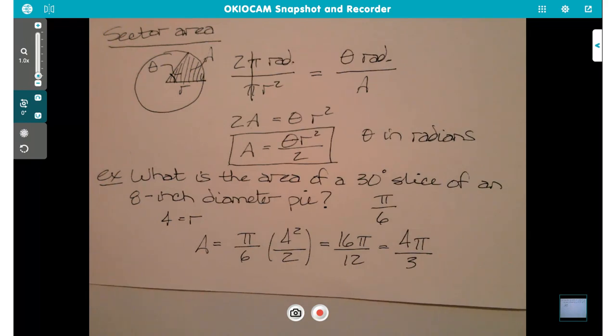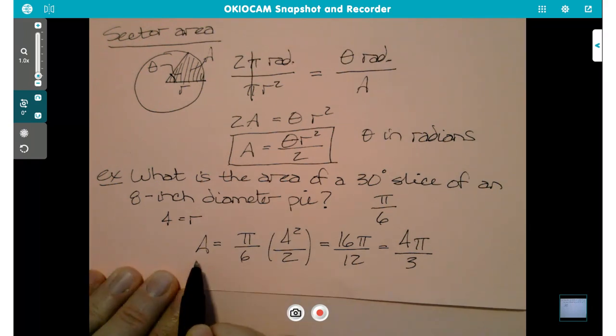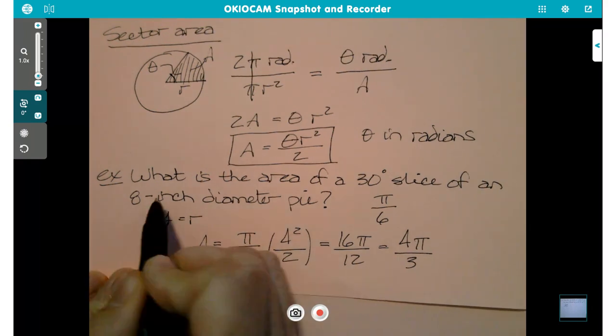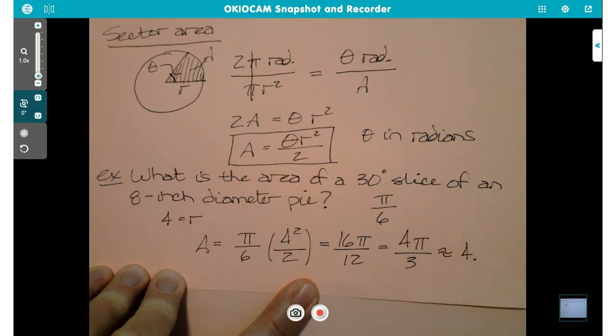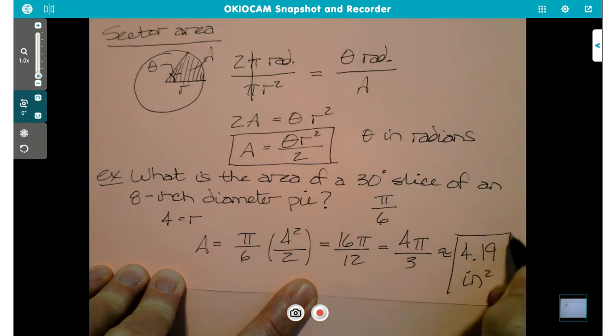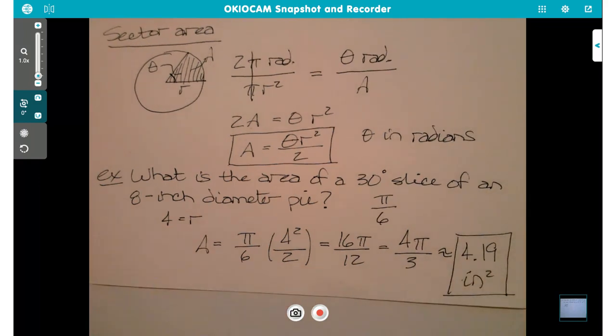I relate to decimals better, so I'm going to find out what is 4 pi over 3. Got my handy dandy calculator right here, is about 4.2 square inches. We're talking about area, so we're measuring in square units. We were in inches, so now we're in square inches. So that's about 4.19 square inches. That's our approximation for the area of this slice of pie.